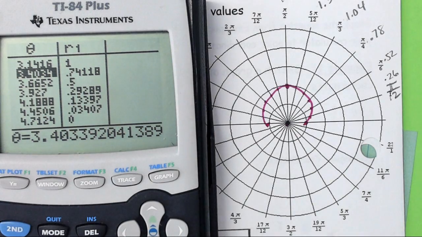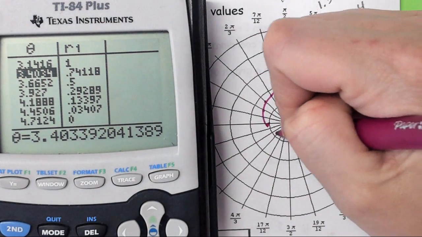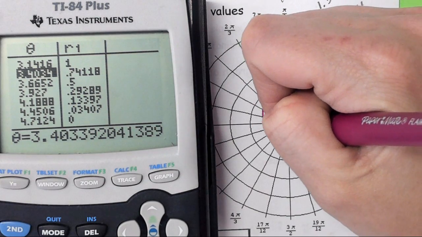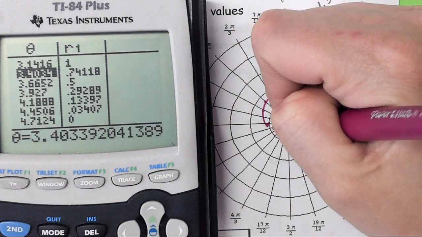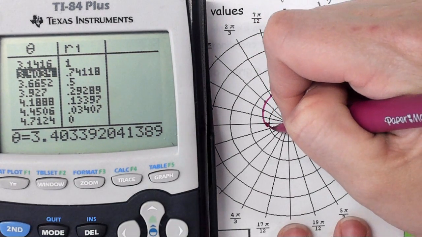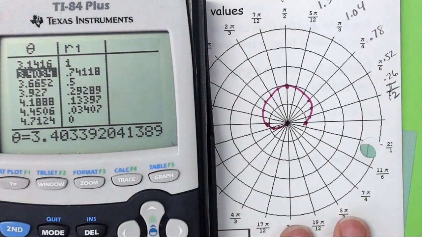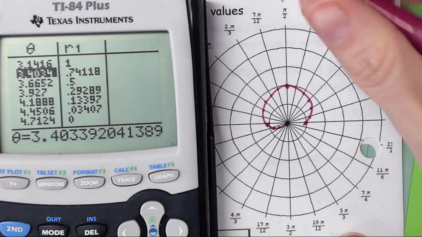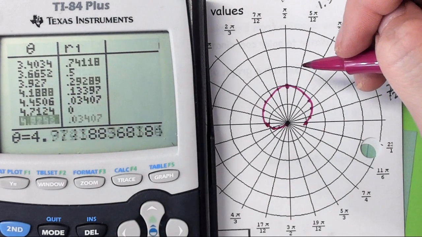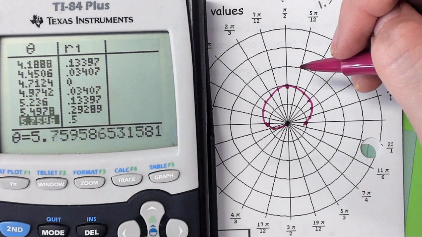Okay, so now I have 0.74 for my next line. And I know it gets kind of small as you're going in here. And then 0.5. And so this is going to curve right here. Okay, and some... Say it again.